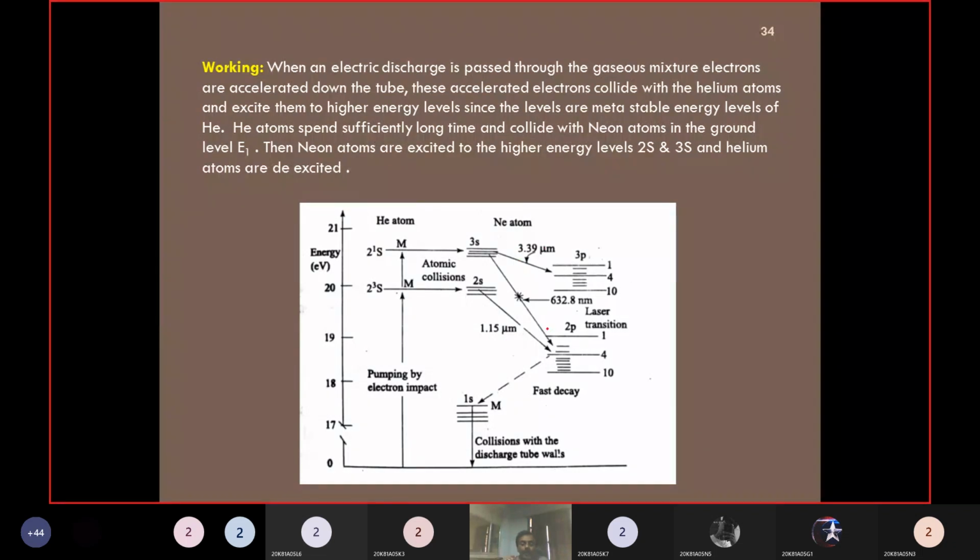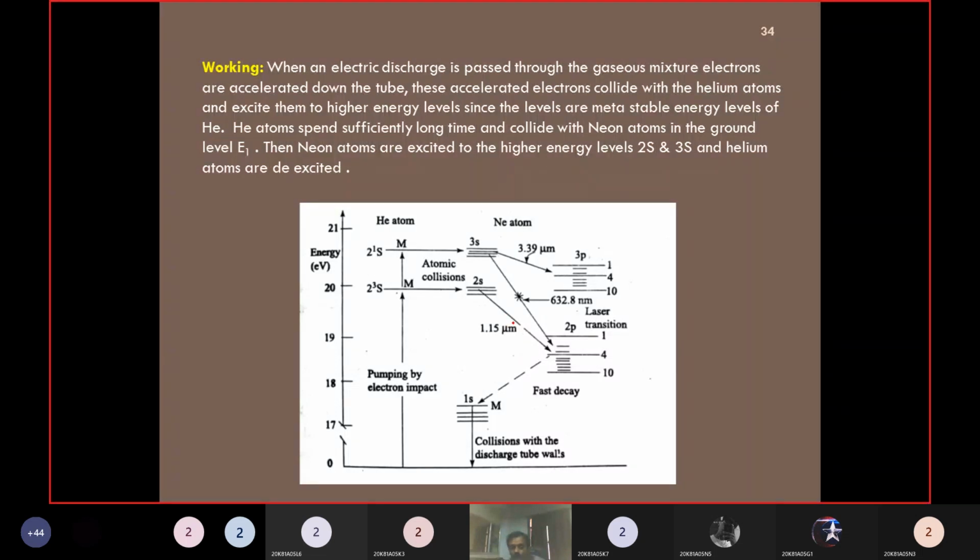But if you want only one laser, what do we have to do? We have to absorb the remaining lasers. For absorbing these lasers, we'll use some filters.